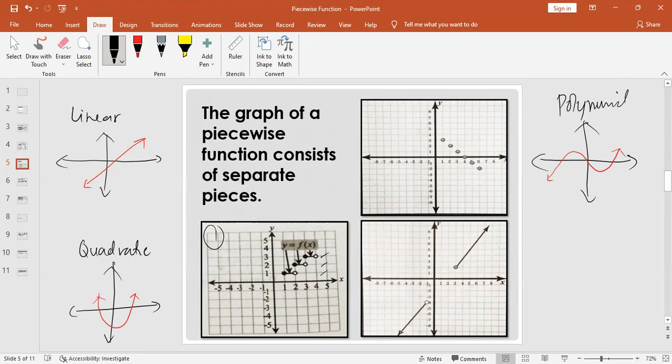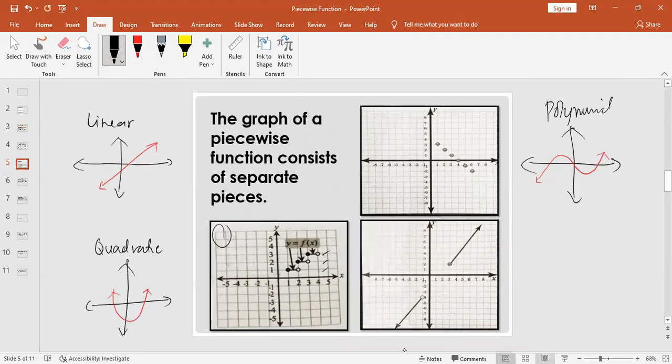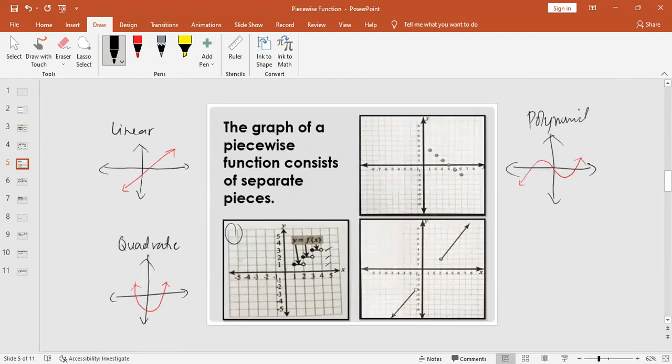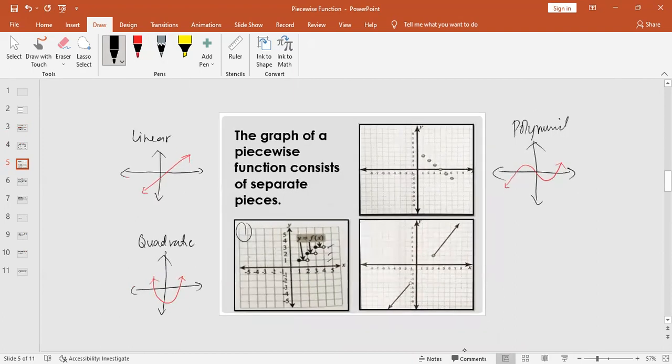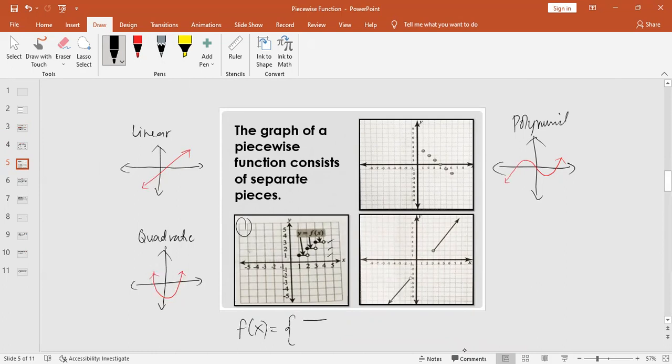So it appears like this. f of x is equal to one subfunction, second, and third subfunction.